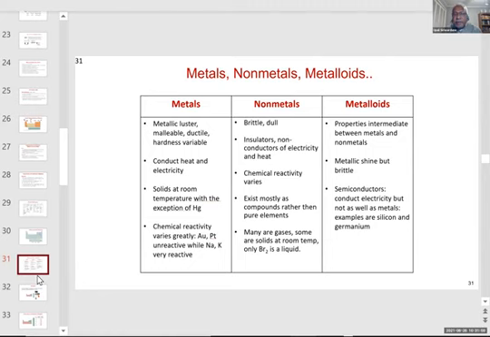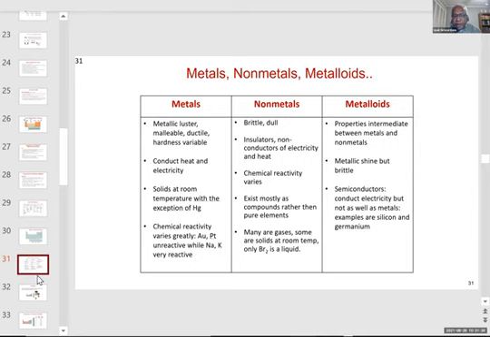Non-metals are brittle. Brittle means they break up. They are insulators, and do not conduct electricity or heat. Chemical reactivity varies. They exist mostly as compounds rather than pure elements, like water and ammonia, different combinations of metal atoms and non-metal atoms.